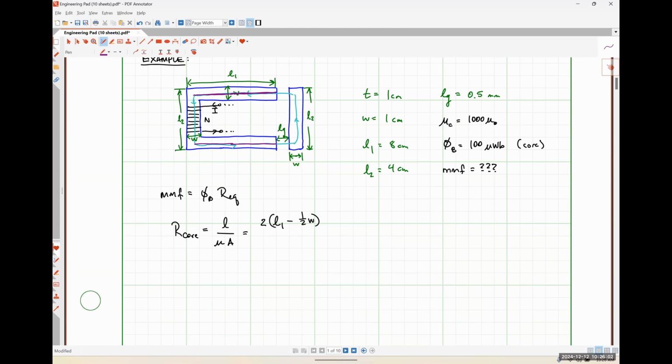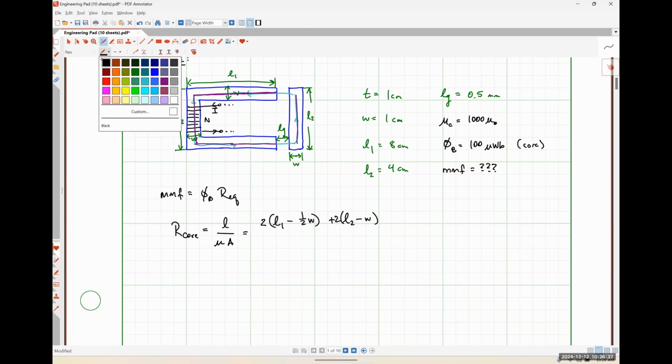Then we have this guy right here. Is that a full L2? It's L2 minus a whole W, because it's going to be a half a W on the top side that we're not going through and a half a W on the bottom side that we're not going through. So plus an L2 minus W, and that should also be multiplied by a factor of 2 because of this guy right here.